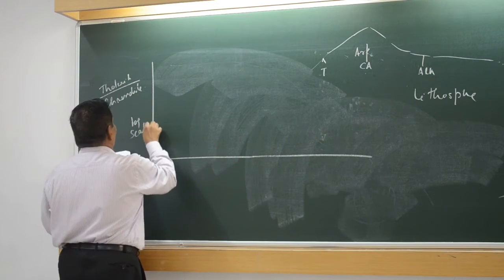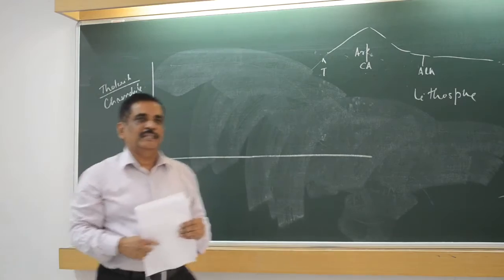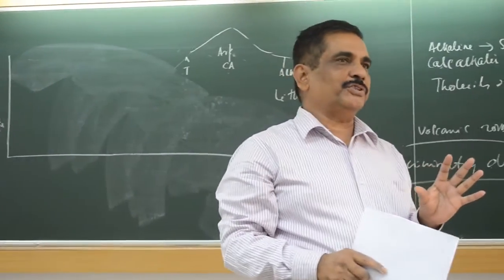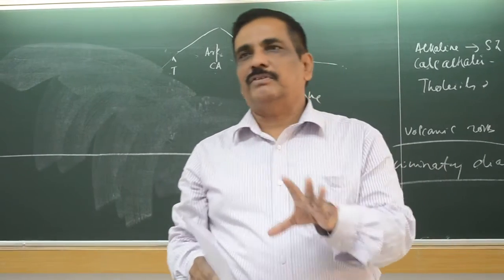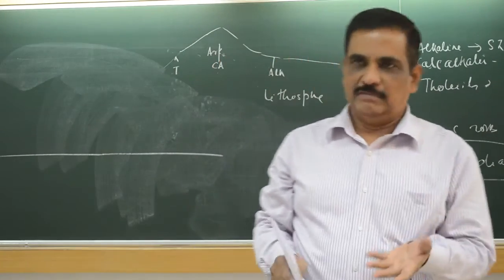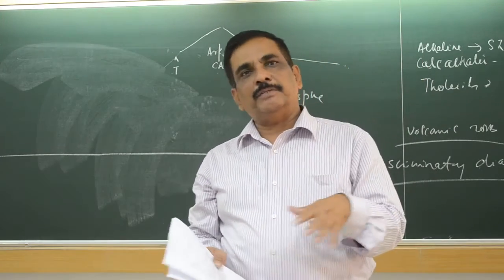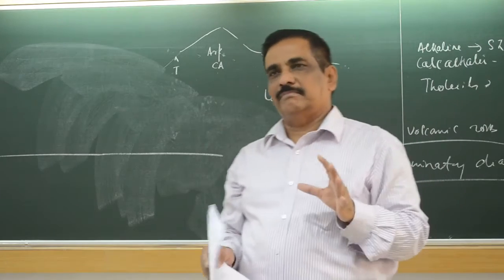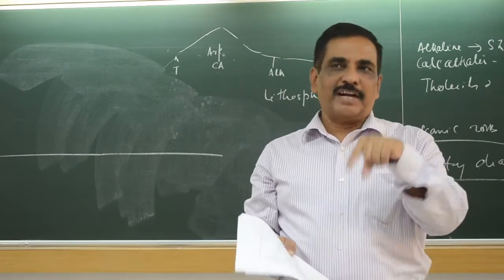See, the chondrite composition indicates the mantle composition. Remember this one. Whatever chondrite composition you are telling, it reflects the primitive mantle or the mantle composition. Mantle has changed a lot now. Present mantle is different from the primitive mantle. So let us assume that the mantle is same. That means it reflects the chondrite composition.